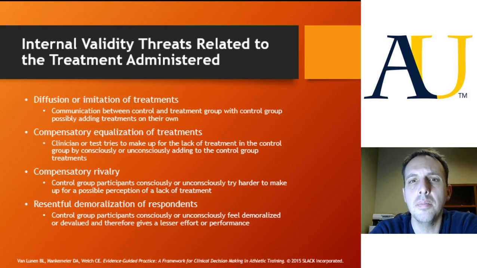Now, this can obviously be controlled for in certain areas by just blinding the subjects to their overall control or treatment intervention, by either separating them physically or during a course of time, where you may have control participants test on even days and treatment people test on odd days or in different locations. You don't want to change too much in between those different groups, but you also do not want to have a situation where they're almost coaching each other on what they're doing.